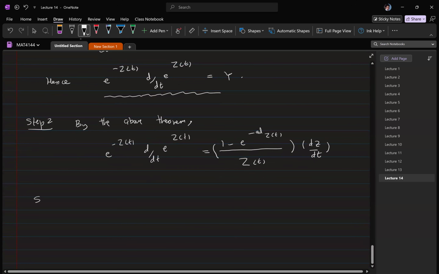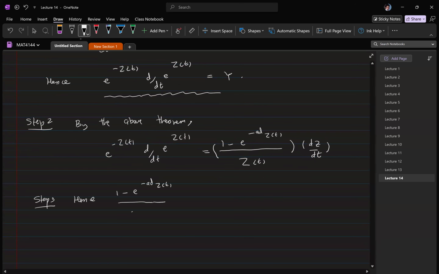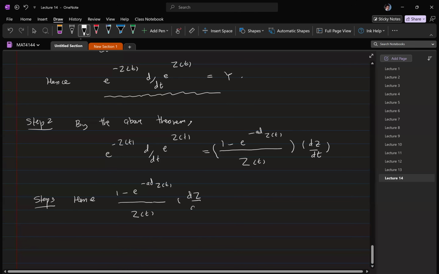So now step 3 is an immediate consequence of the previous step. So 1 minus e to the minus ad zt divided by ad zt, applied to dz dt, is y, okay?